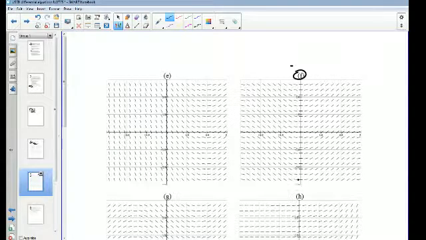Look at this one, see how these are all the same? Probably just involves Y. So if I only have Y values in my fraction, then my X's are the same. It should be horizontal.